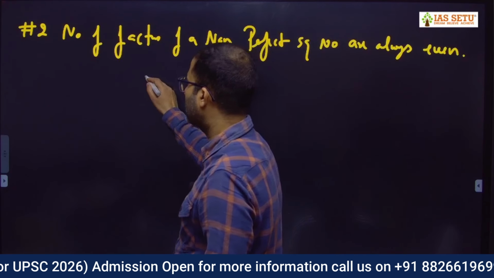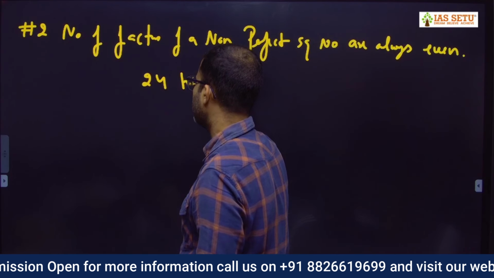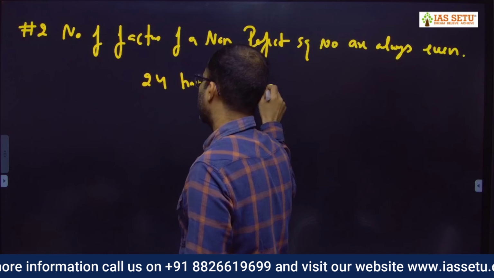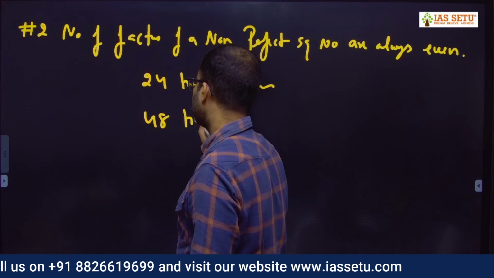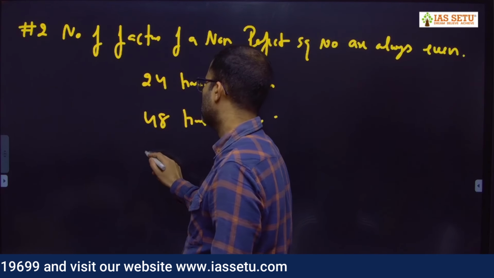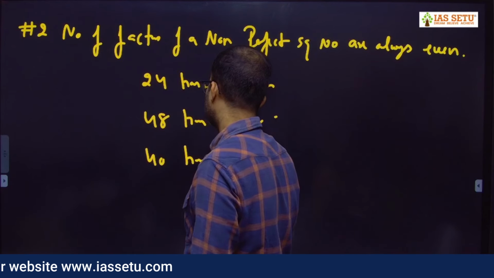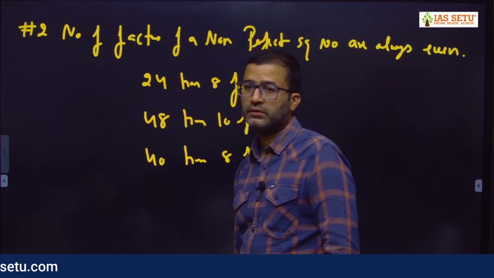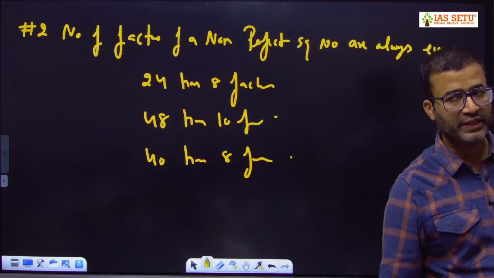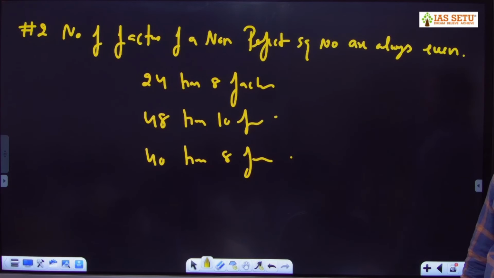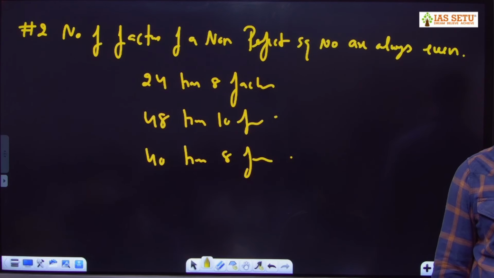We write example like 24 has 8 factors. 48 has 10 factors. 40 has 8 factors.